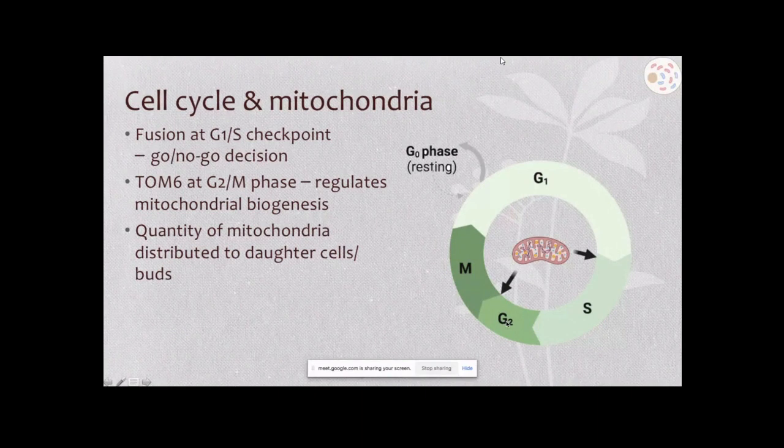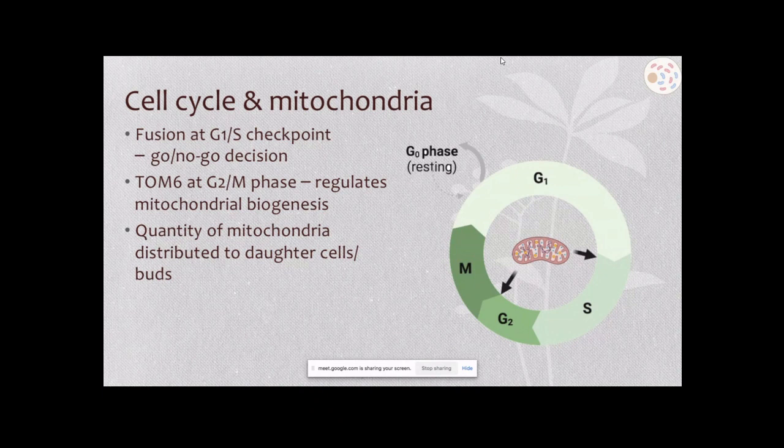Then there is a second phase, another phase transition between the G2 and M phase. At this point, all the protein import regulation happens. You know how mitochondria require proteins to be imported from the cytoplasm into the mitochondria.